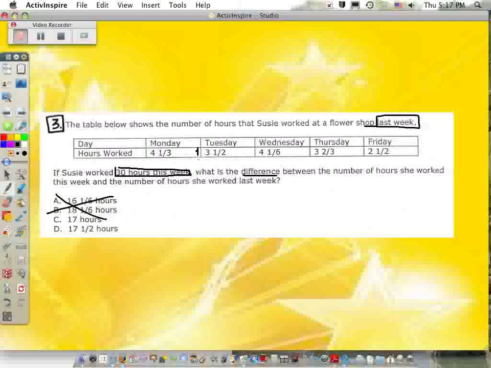This is basic operation. You add these together, subtract it from 30. If you want to turn them to a decimal, fine. If you want to keep them as a fraction and add the fractions, remember when you're adding fractions, you don't add the top and the bottom. You need to convert them to the least common multiple. So in this case, this would be 6.